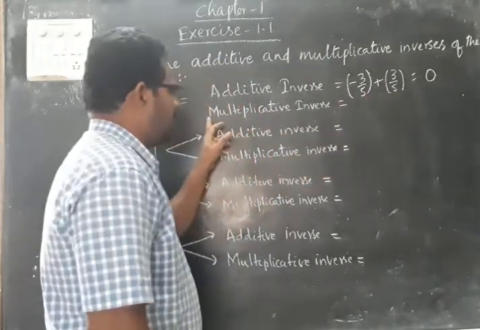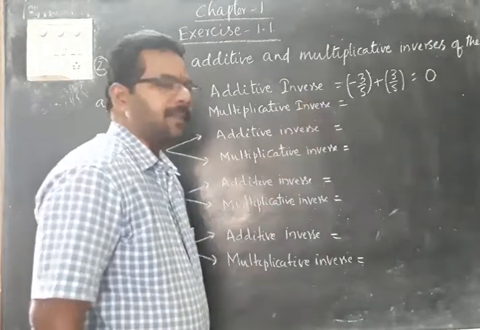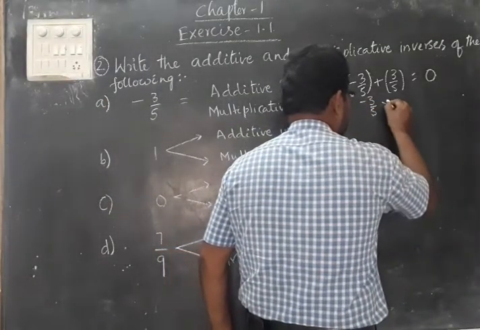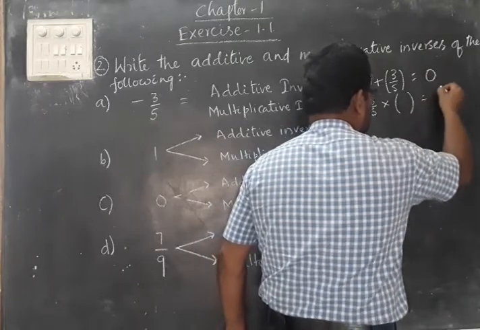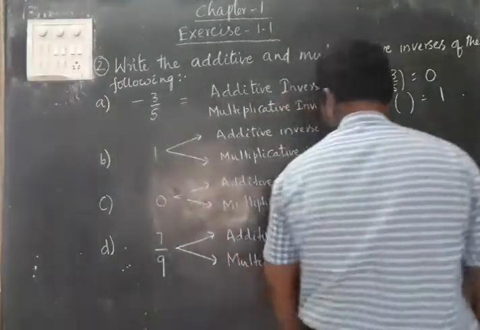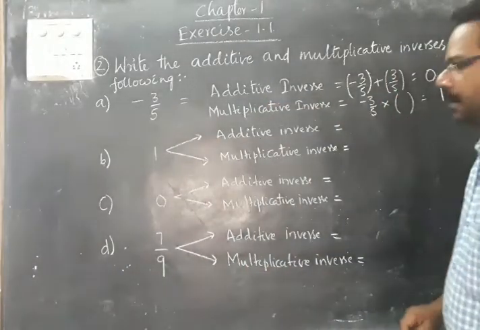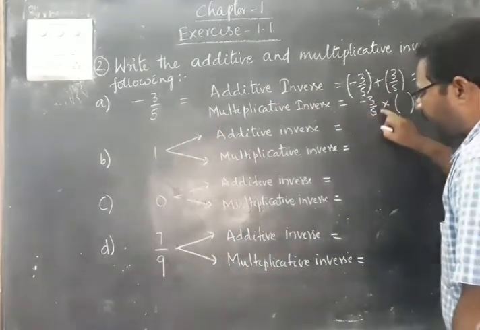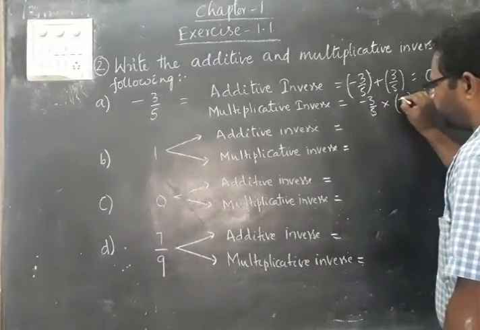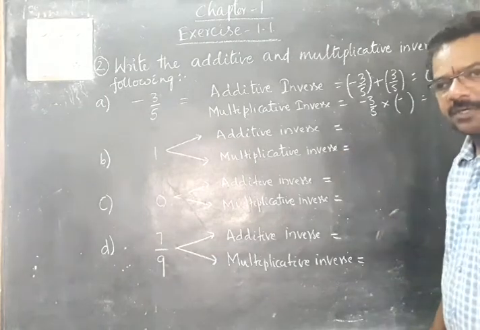Next, multiplicative inverse. Minus 3 by 5 should be multiplied with something to get the answer equal to 1. Since the rational number we have taken is negative, a negative should be written, because negative into negative is equal to positive.